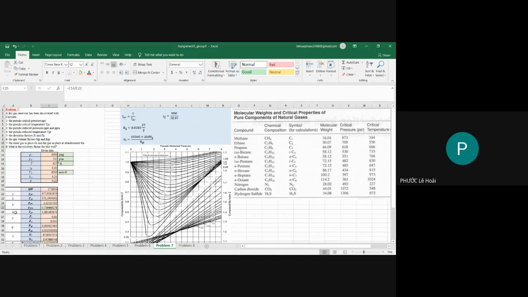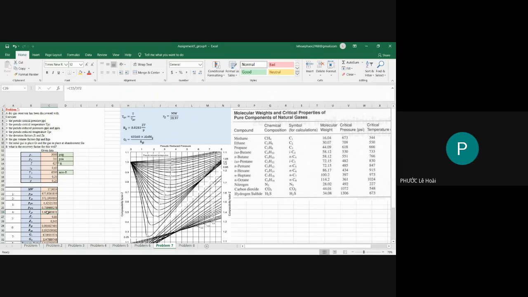Next, the fourth one is the pseudo reduced temperature TPR here. For TPR, we will use the temperature, then we will divide by 372.